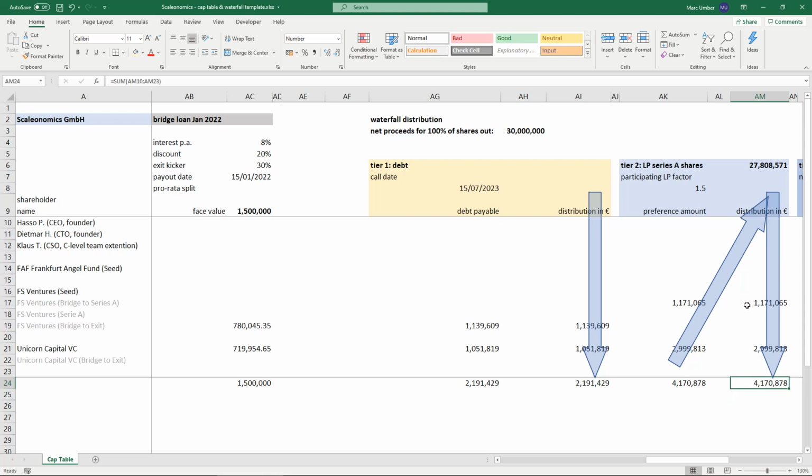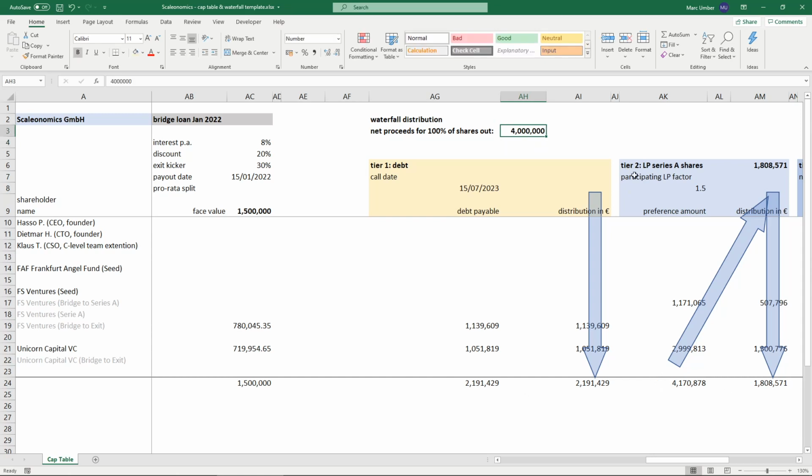and now we need to check whether our formulas do what we need them to do. So if there's not enough money on the table, we know that on the first tier there's already 2.1 million redistributed, and there's another 4 million to be redistributed in the second tier.